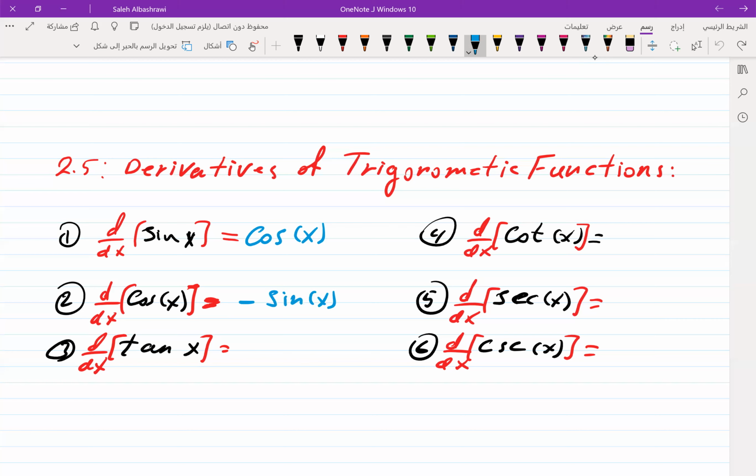Derivative of the tangent is equal to secant square x. Derivative of the cotangent is minus cosecant square. Derivative of secant is equal to tangent multiplied by secant.